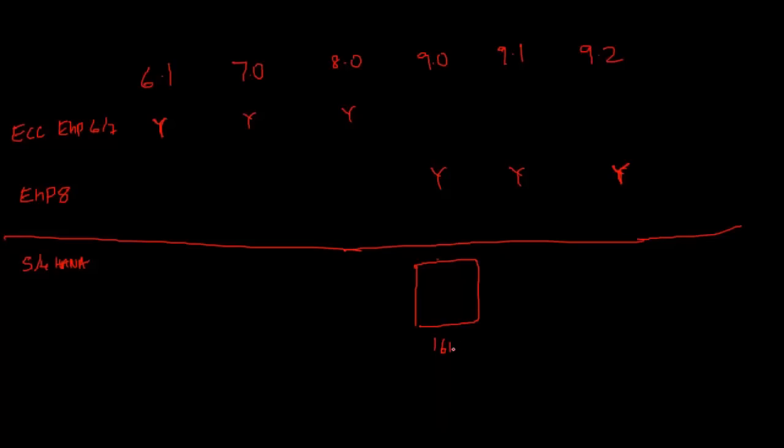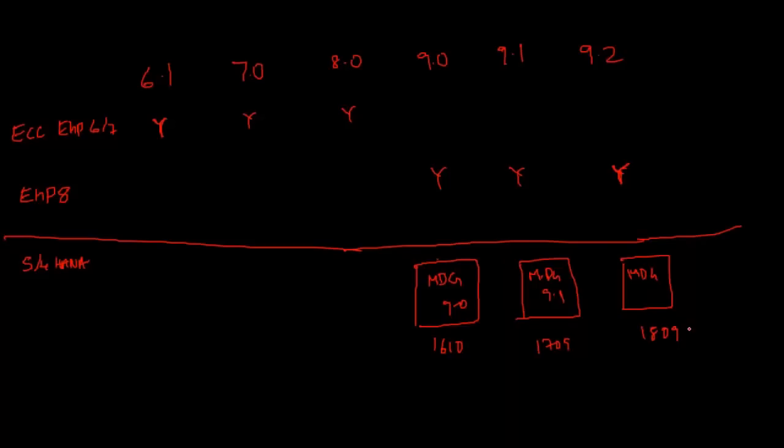If you take 1610, I'll give MDG for free, embedded into it. You don't need to purchase it. Similarly, if you take 1709, you will get MDG 9.1, and similarly 1809, even 1909. As of now, there is no new MDG version. It is 9.2 only.